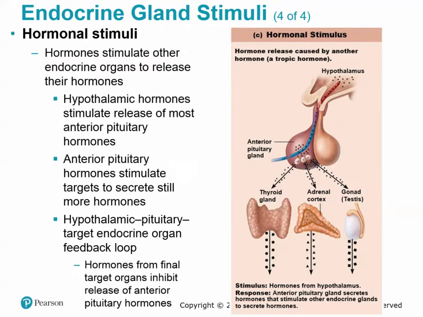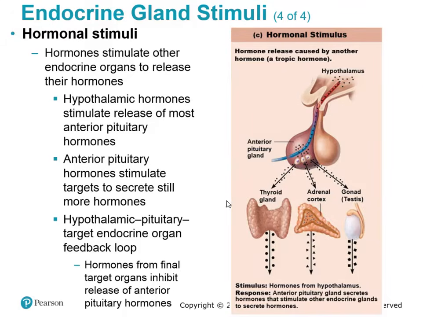This is all part of a negative feedback loop. The hypothalamic pituitary target endocrine organ feedback loop just means that hormones from those final target organs are going to reduce any further production of those anterior pituitary hormones.